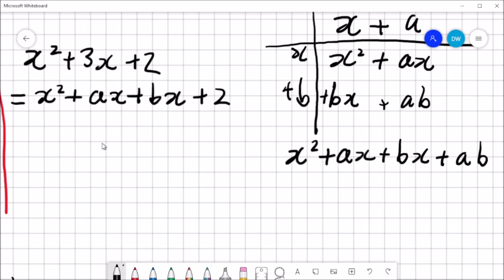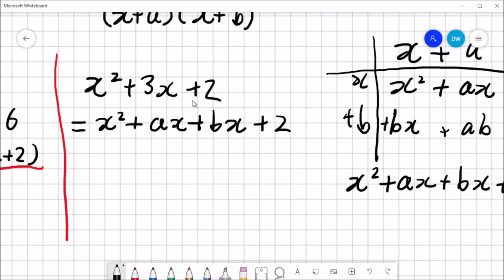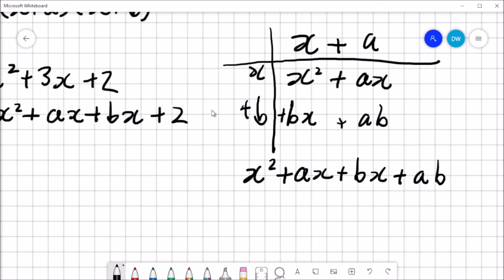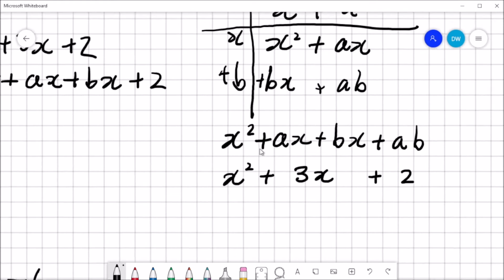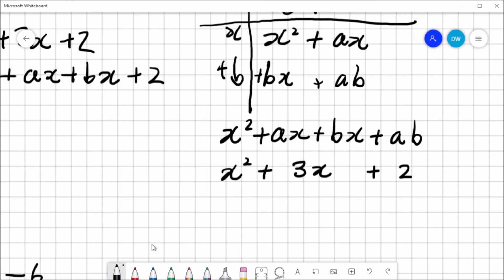let's compare the terms here. For our expression, it's x squared plus 3x plus 2. So what can you see here? We can see that in the middle, we have ax plus bx has to equal 3x.